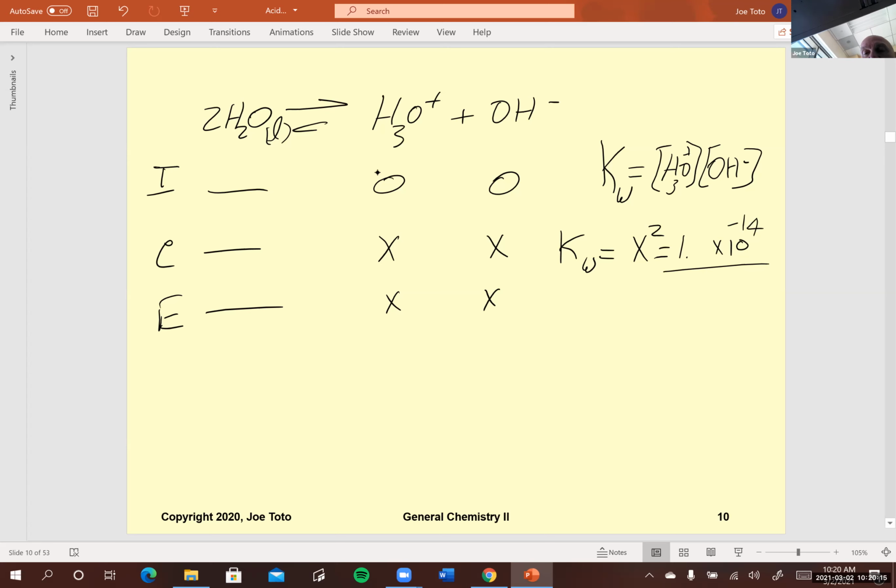Okay, so I can solve for x. It's the square root of that, and I find that x equals 1 times 10 to the minus 7 molar in pure water. And so that's why you can swim in it and you could drink it and stuff like that, because there's very little bit of hydronium or hydroxide in pure water.